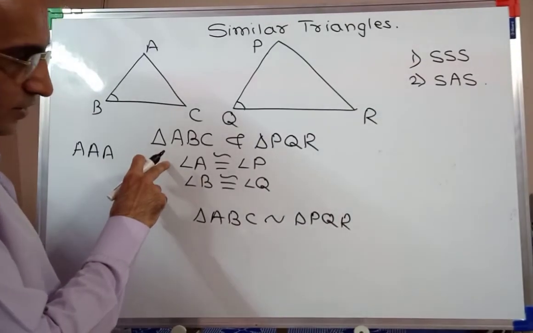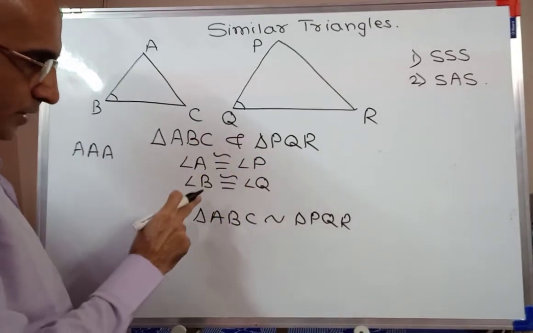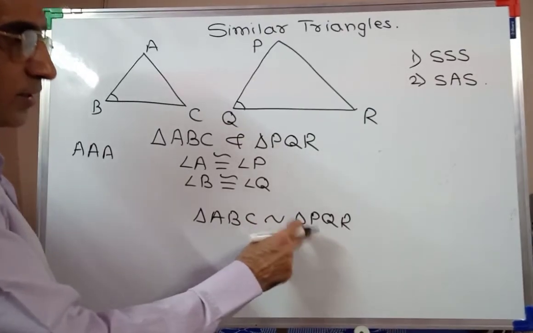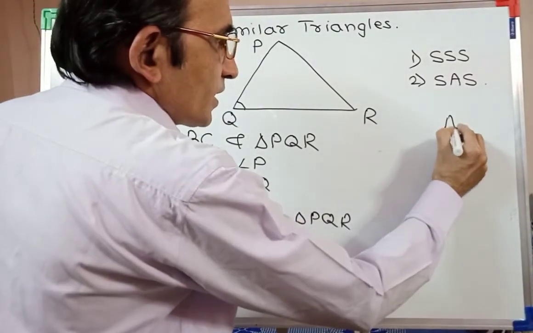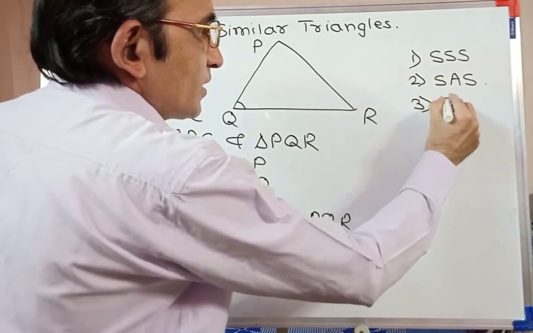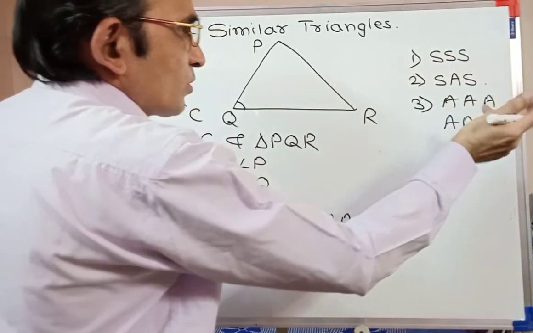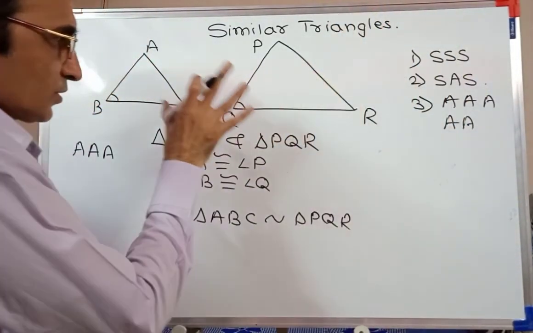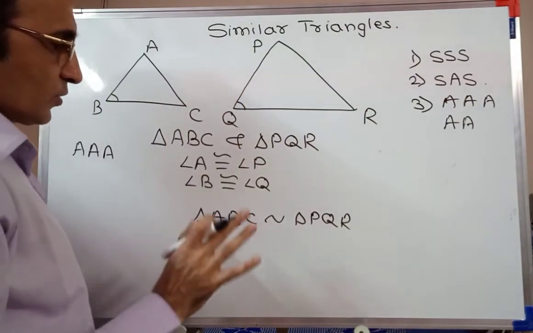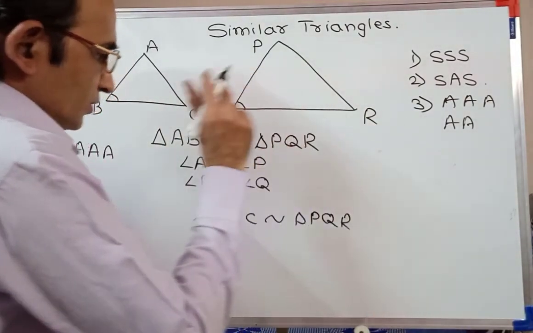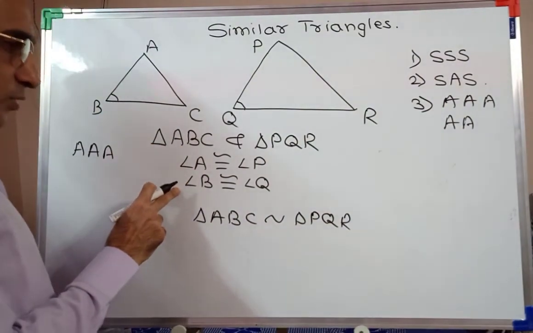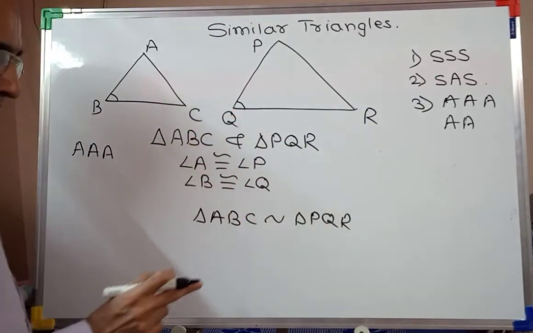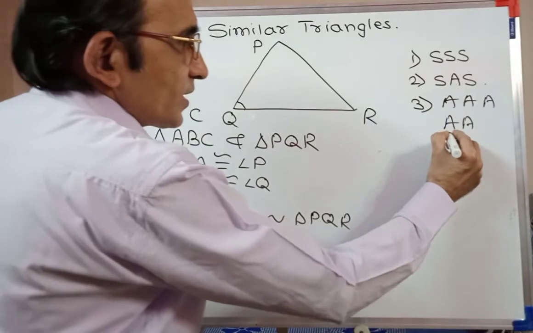So we simply write A congruent P and B congruent Q, then we have triangle ABC similar triangle PQR. It is called the AA test. The third test is AAA, but we need not show the third angle congruent. It is just sufficient to show that two angles of the first triangle are congruent with the corresponding two angles of the other triangle, then the two triangles are similar. It is called the AA test.